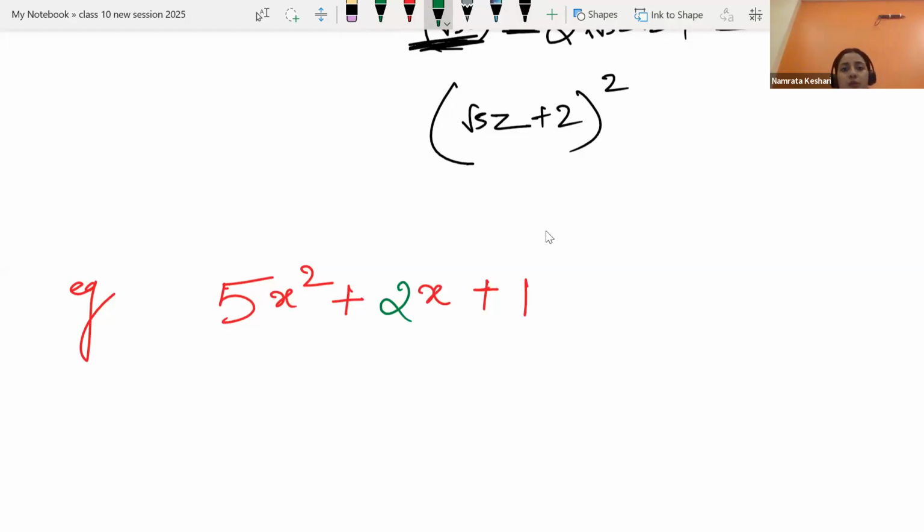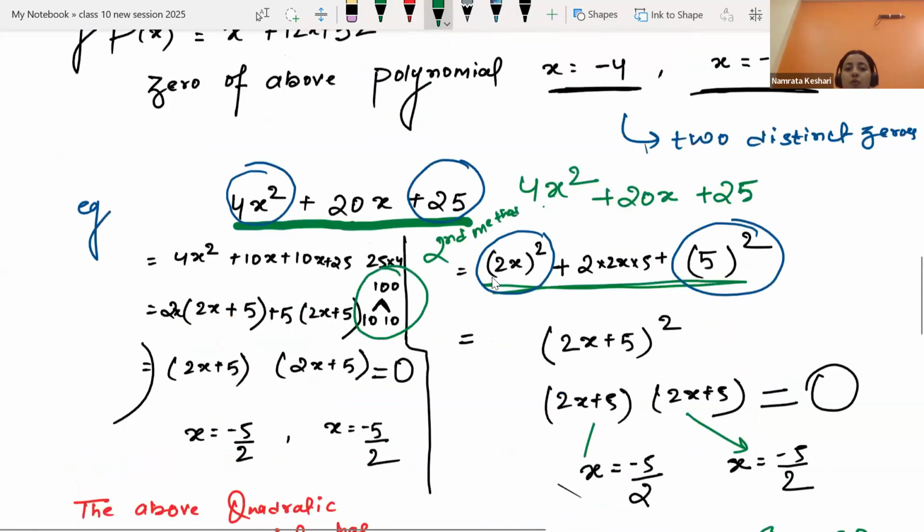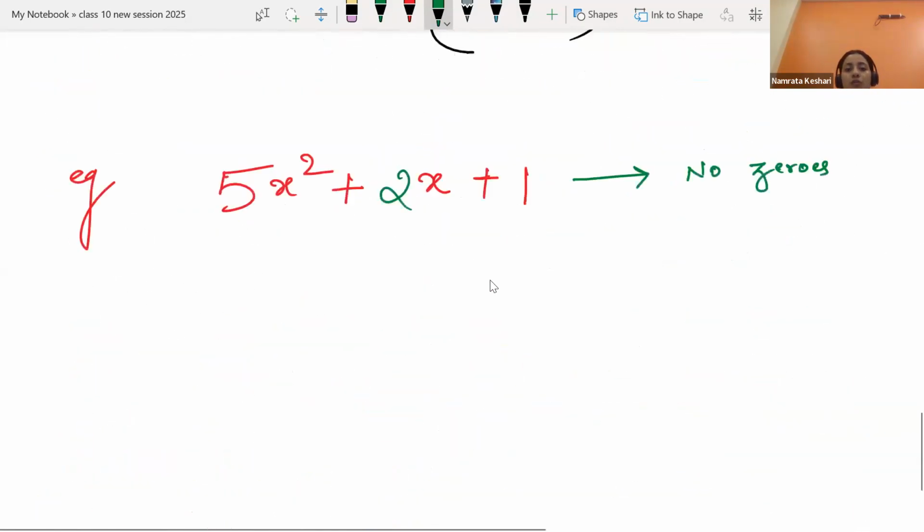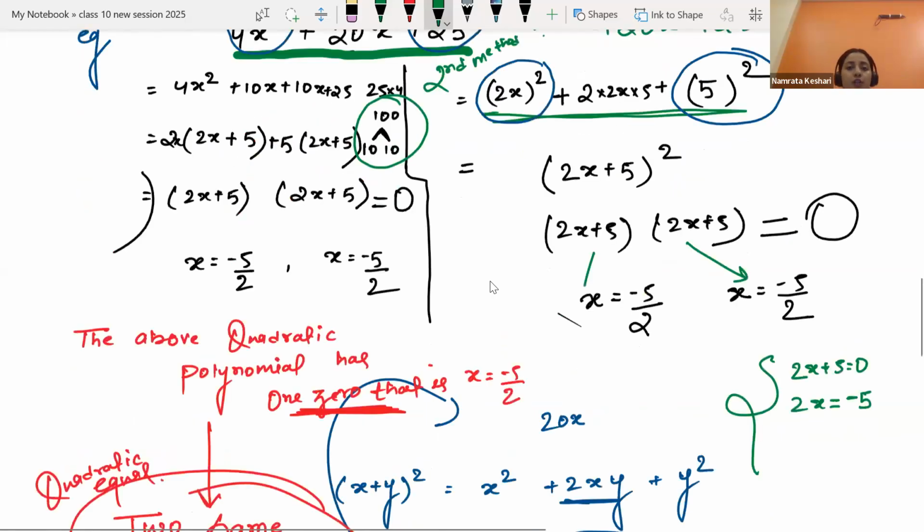You won't be able to split it. Okay, and this is the case where we will say that it has no zeros. So these are the cases for a quadratic polynomial.